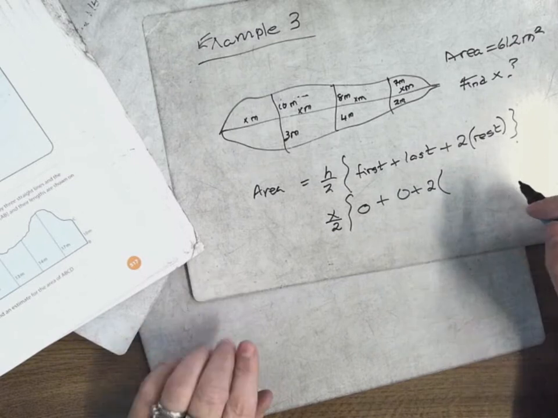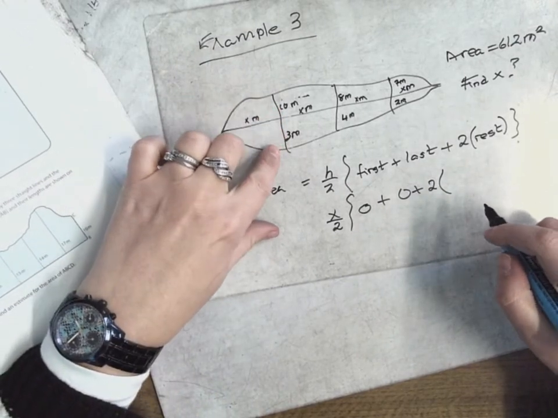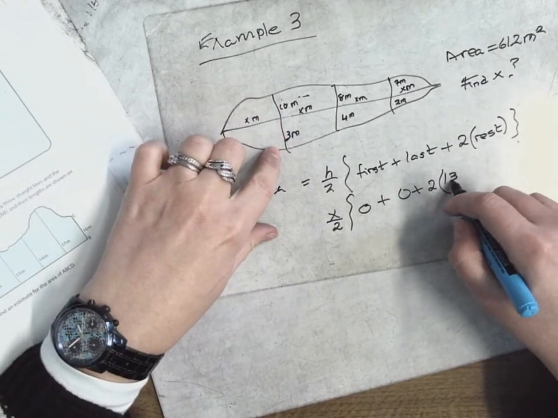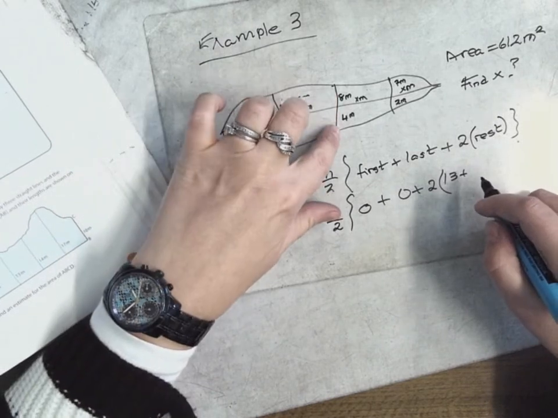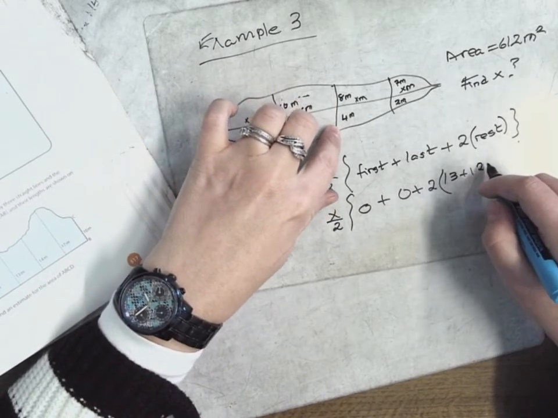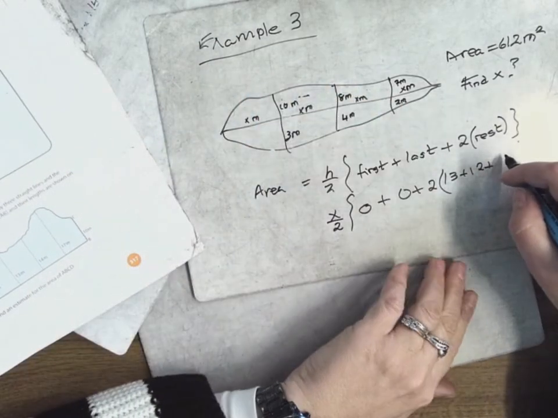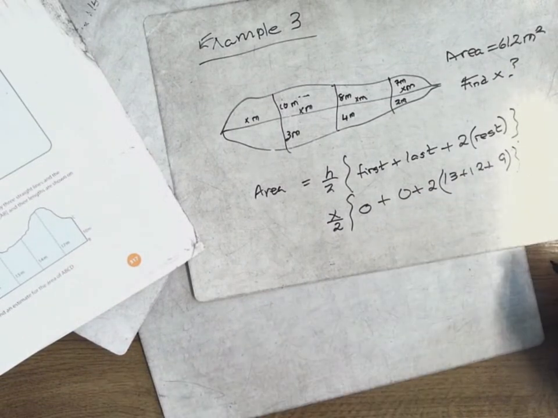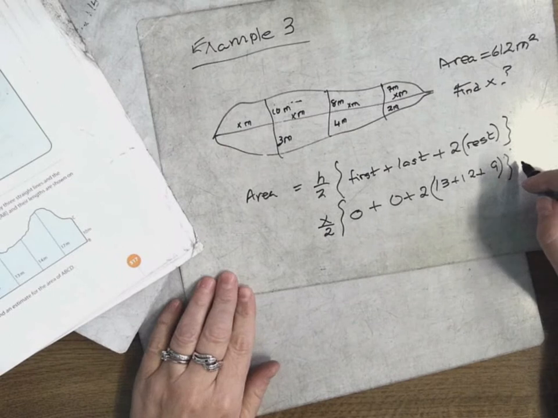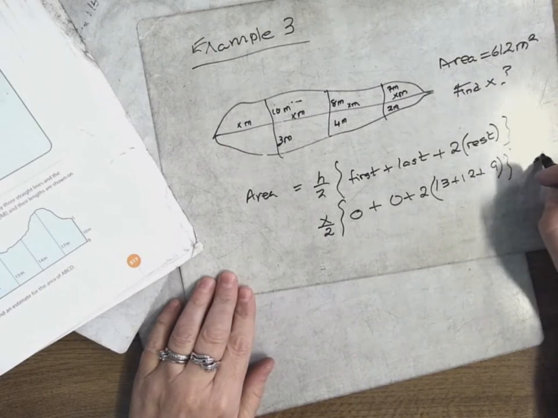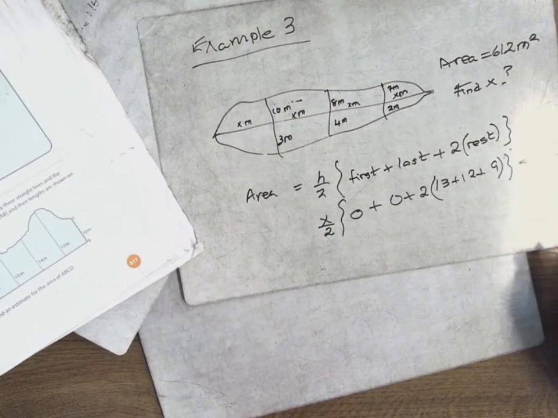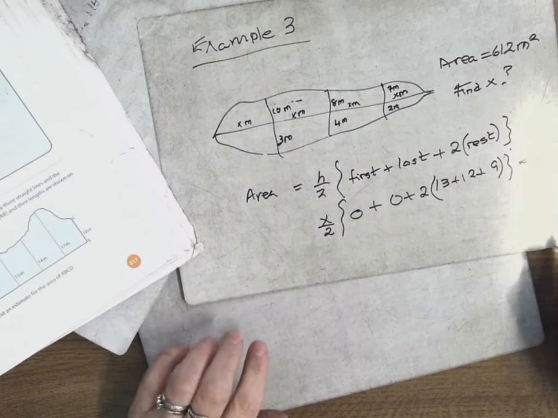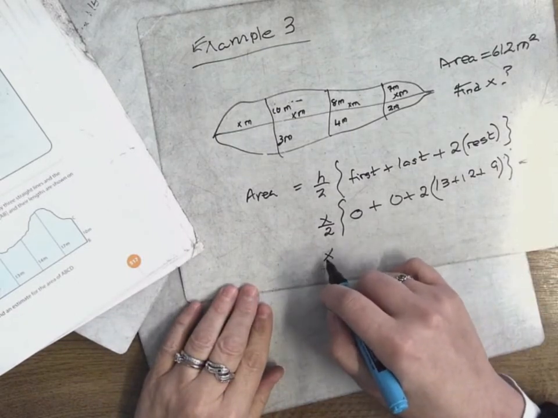So the rest, this one measures 10 and 3 makes 13. This one measures 8 and 4 makes 12. And this one measures 7 and 2 makes 9. Okay? Right? Then you know the answer to that. The answer to that is going to be 612. So then sort out inside the bracket first. So here, X over 2, leave that out on the outside.